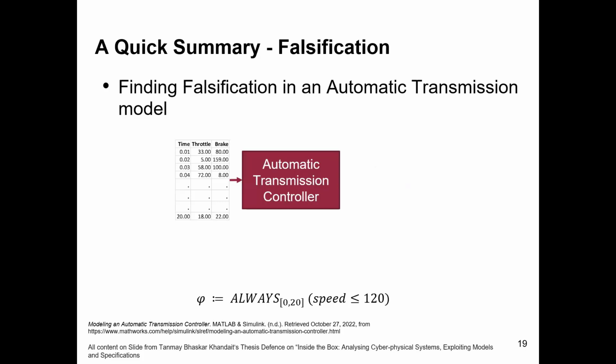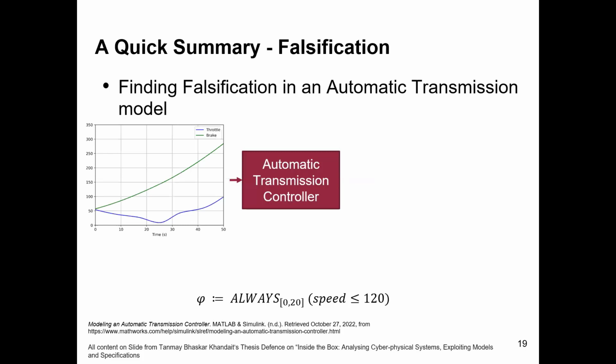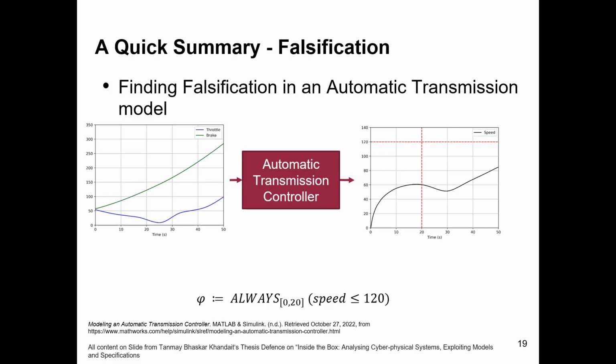And then we feed in the data, and we get certain output, showing the robustness values for each specific input. In this case, in the first example, for the first initial time the value of the speed is less than 120, and so the robustness value is 4.